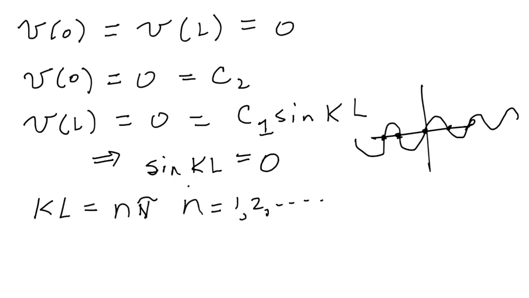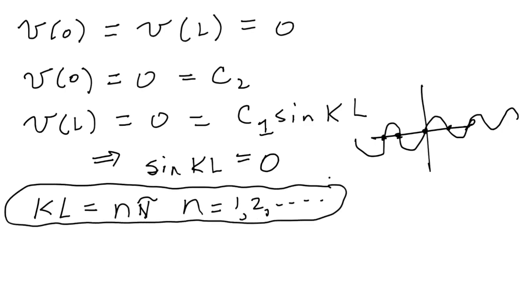So this is a condition now on our solution. Anytime that KL is equal to n pi, or k is equal to n pi over L, for all n greater than 0, we're going to have a solution to our problem.